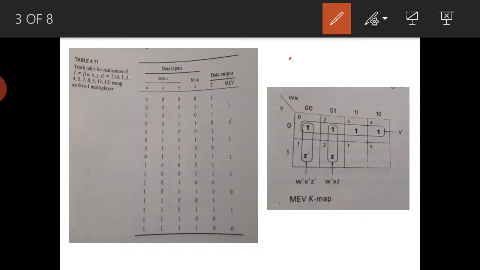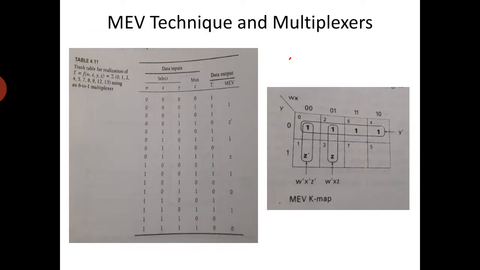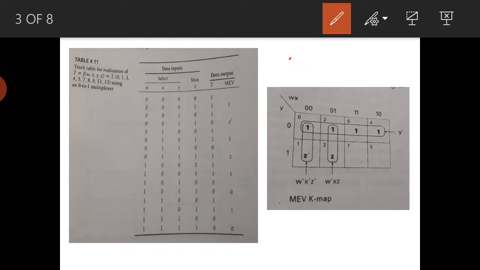Suppose we have 4 variables. If we have 4 variables, then there will be 16 combinations, 2 raised to n.